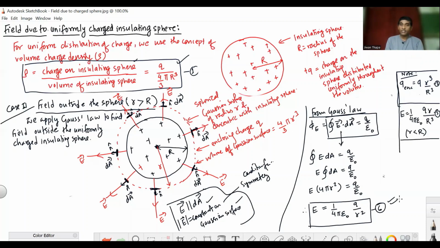So E equals 1 by 4 pi epsilon naught Q divided by small r square, for small r greater than capital R. Clear?